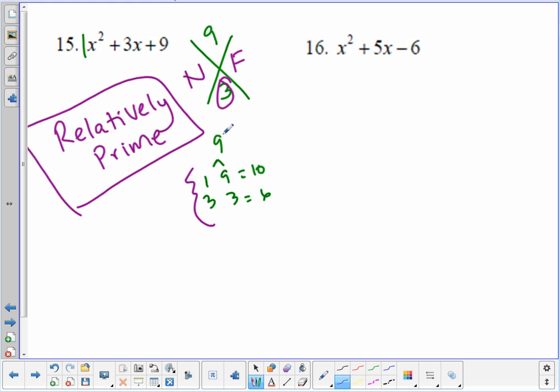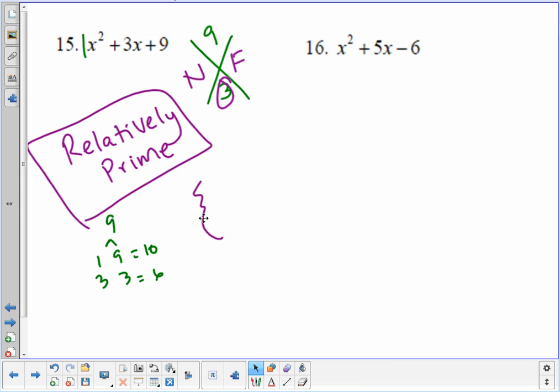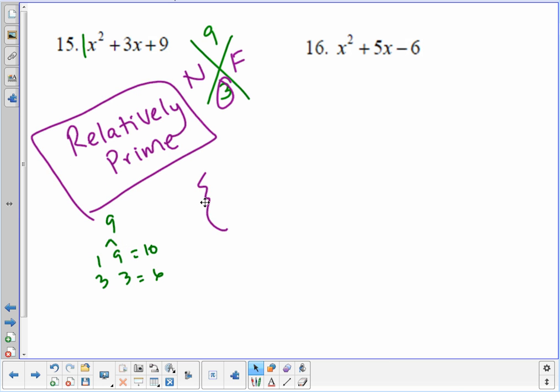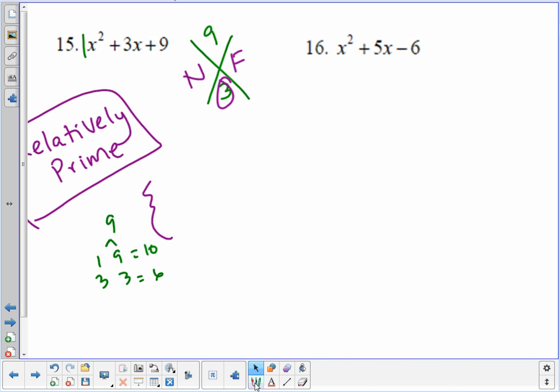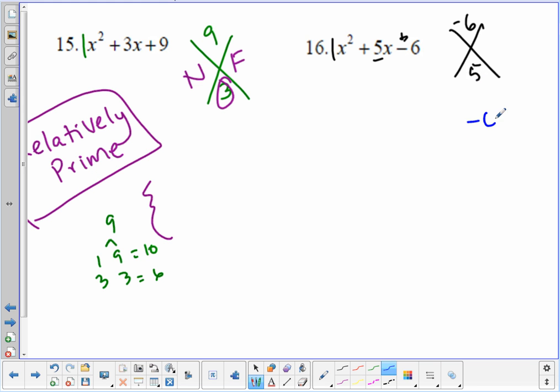Let's talk about 16. 16, I have x squared plus 5x minus 6. I don't have GCF to take out, so I'm just going to set up my factor x. When I set up my factor x, I have 1 times negative 6, which is a negative 6, and I have a positive 5 product. So let's see what gives me a negative 6.